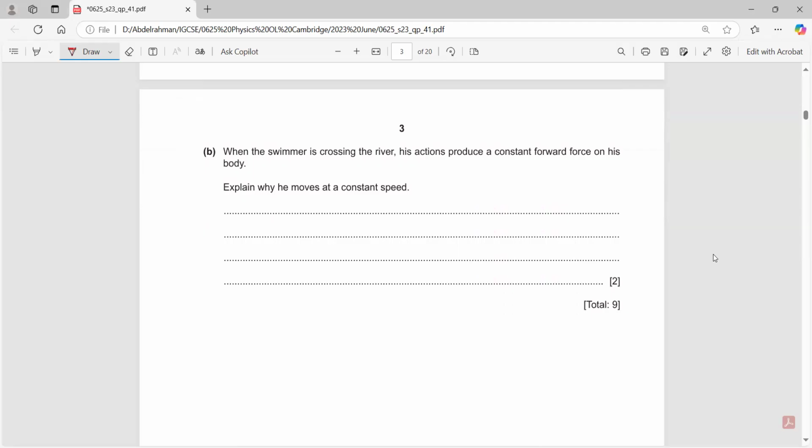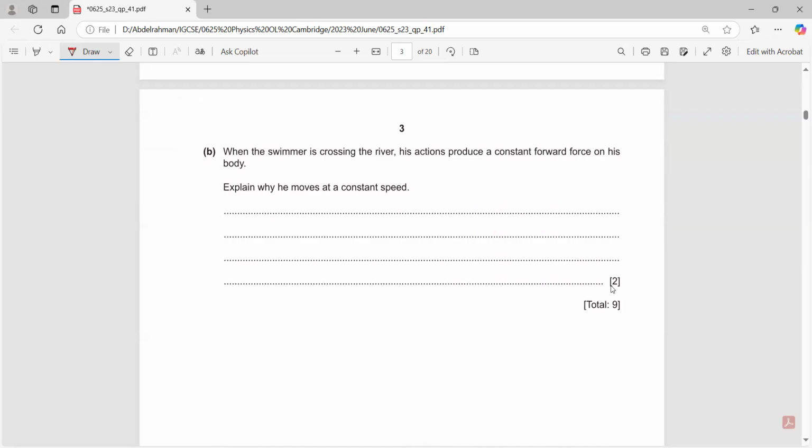When the swimmer is crossing the river, his actions produce a constant forward force on his body. Explain why he moves at a constant speed. He has a forward force. Therefore, there must be a resistive force.